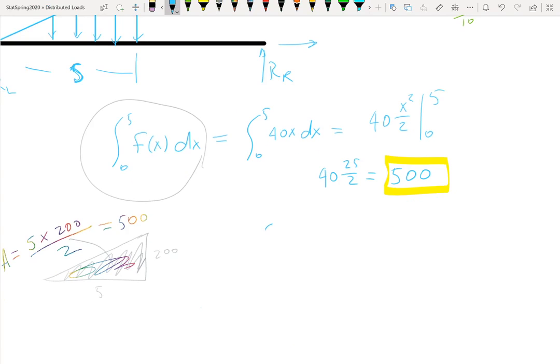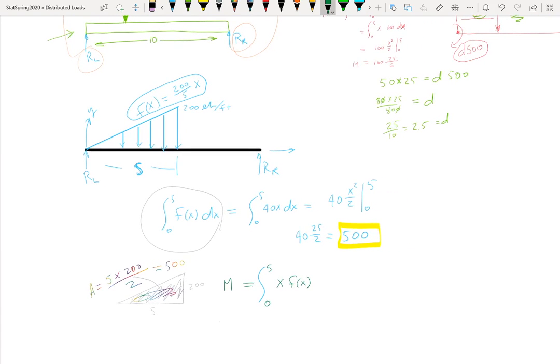So let's integrate. Can I change the pin? Yes. Integrate from 0 to 5 of x times f of x, and that's equal to the moment. Well, the equivalent moment.